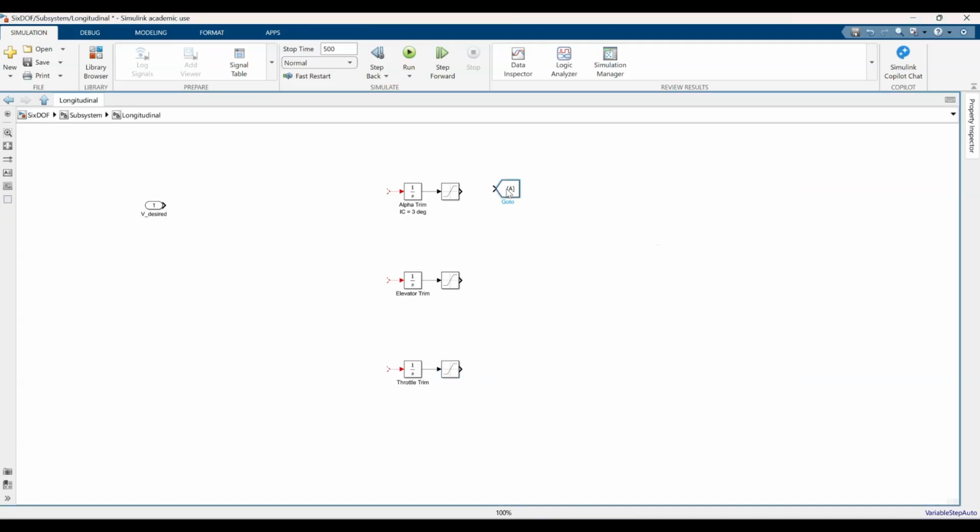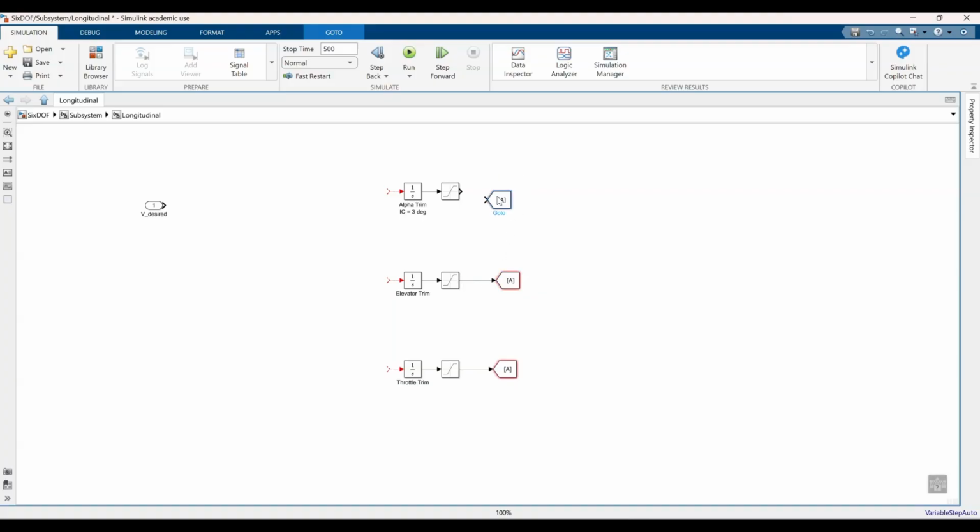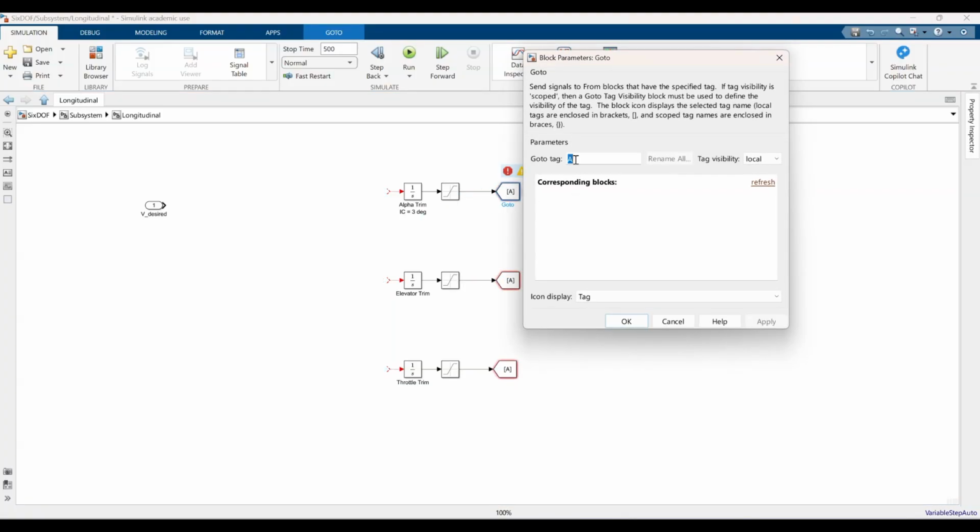So I will use some go-to blocks. Let's call this one, once I get the signal out. Okay, there goes that. And this one can be alpha trim.